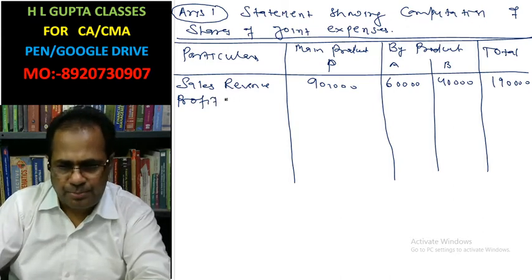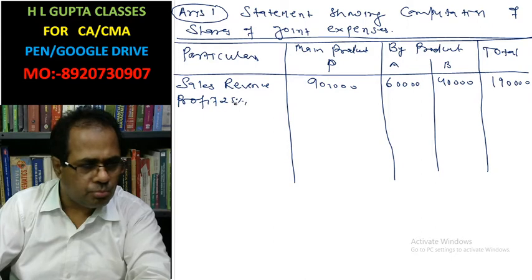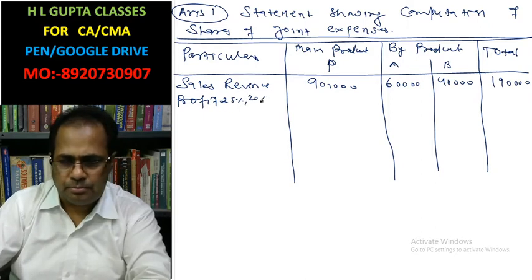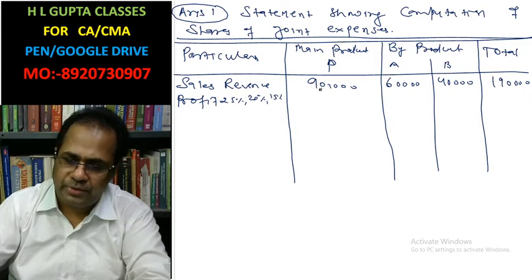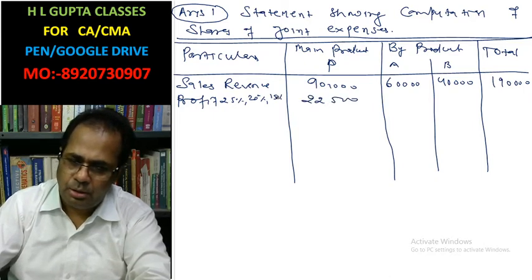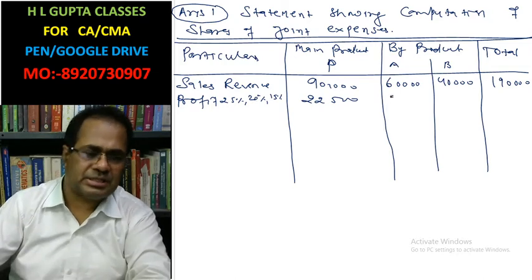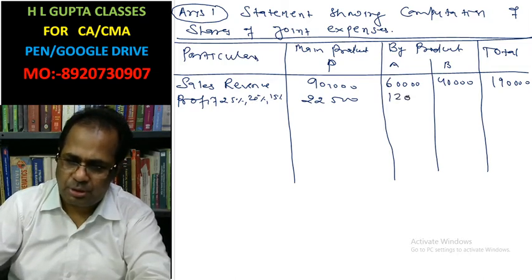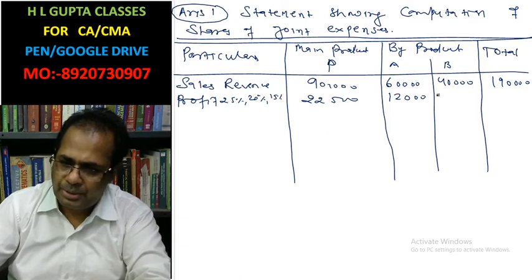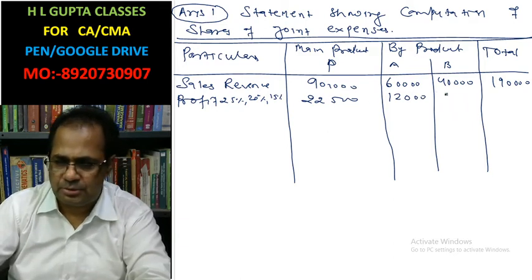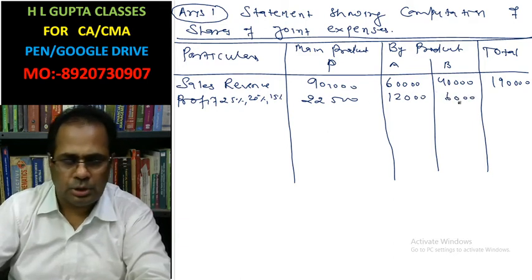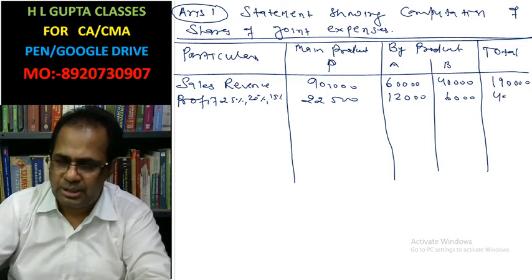Profit: 25%, 20%, 15%, this is given here. So 25% of 90,000 is 22,500. 20% of 60,000 is 12,000. 15% of 40,000 is 6,000. The total profit is 40,500.